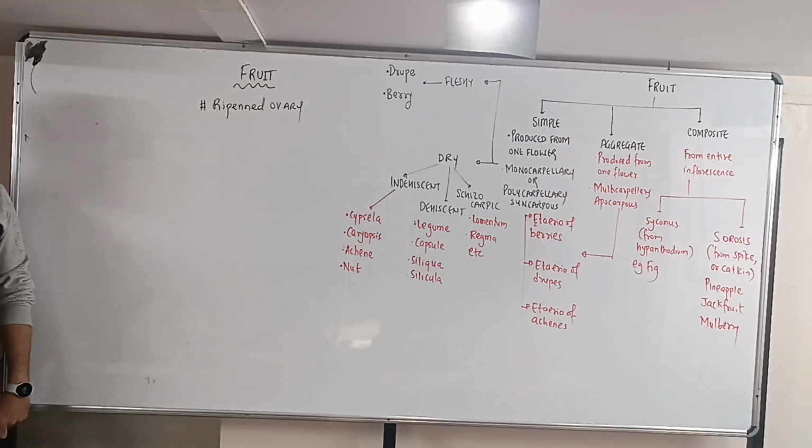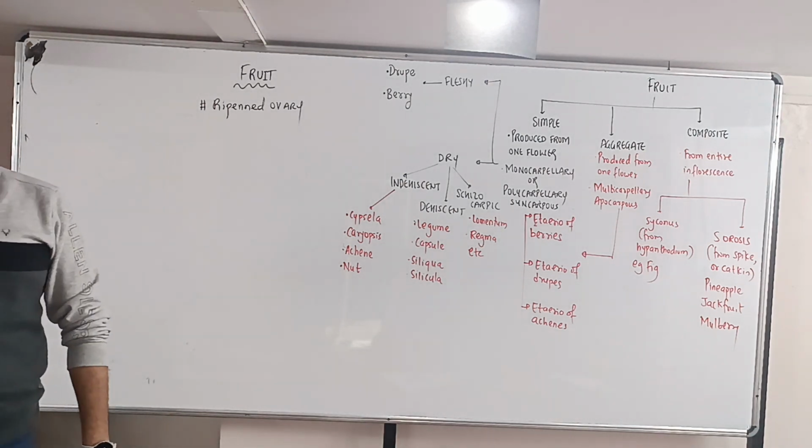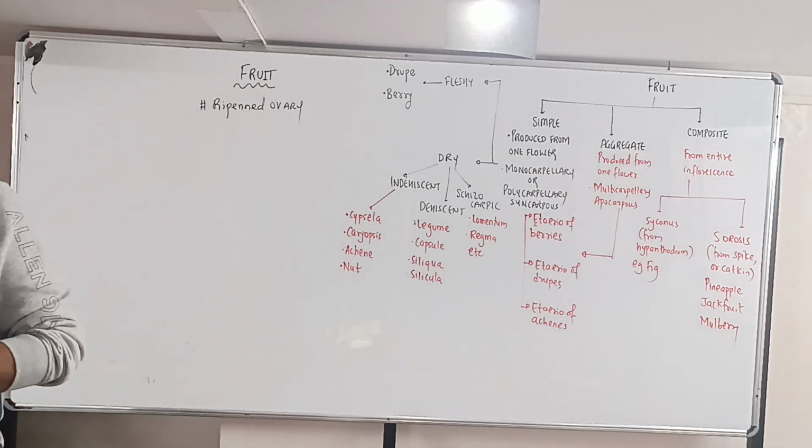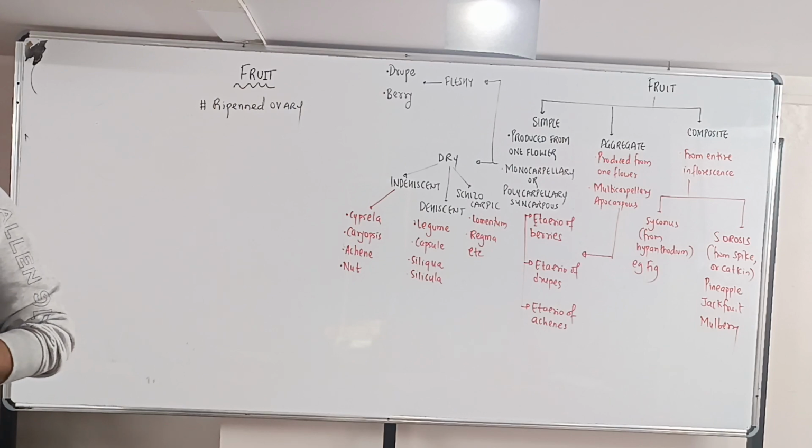At the start of the chapter I told you the difference between angiosperms and gymnosperms. You told me, sir, gymnosperms are naked seed, and I told you angiosperms are those in which the seeds are present inside the fruit. So I told you an advantage, if you remember: seed dispersal.